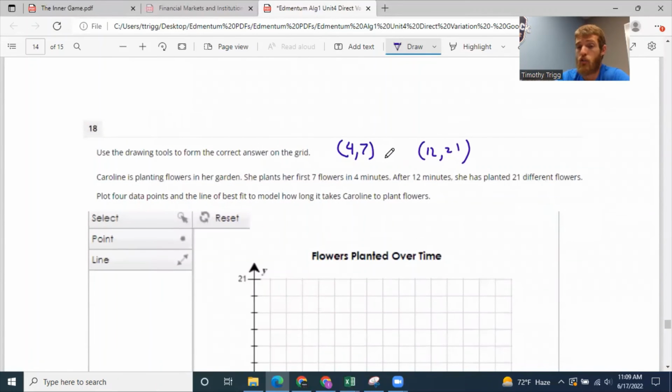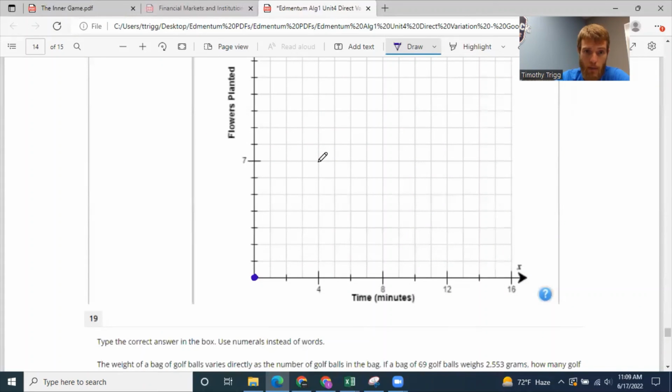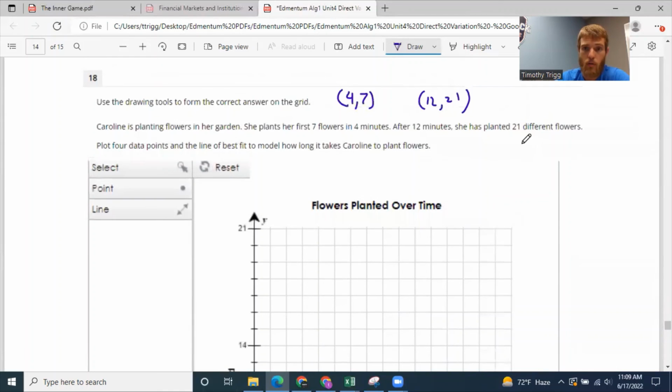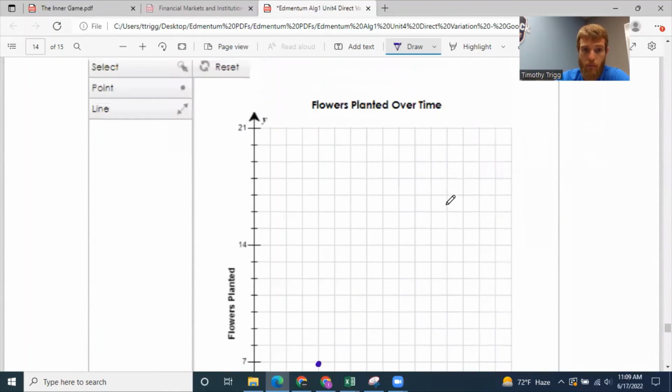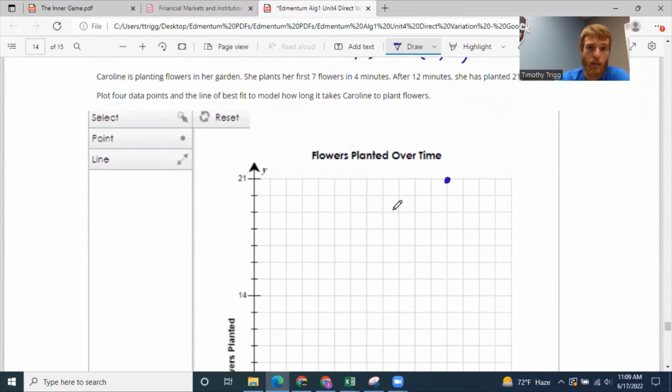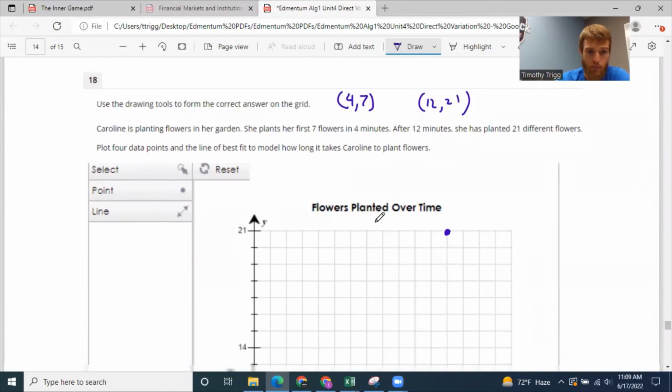Okay. We also have these 2 coordinate points they already gave us, 4, 7, and also 12, 21. Okay, so we have 3 coordinate points already. What would be a 4th point that we could use?